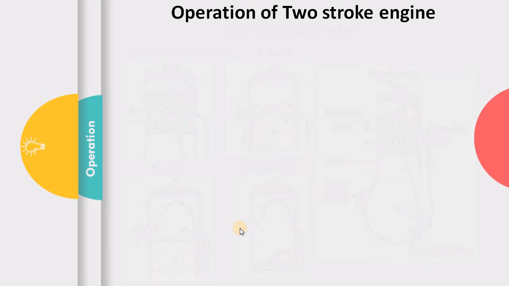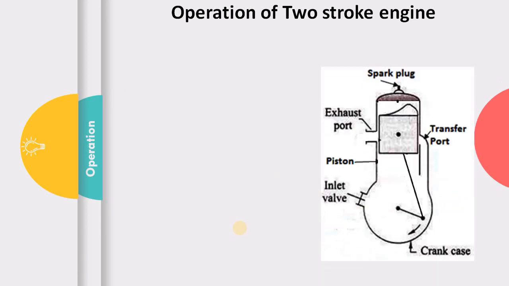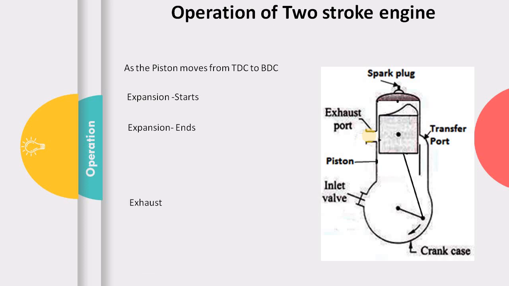So in all, let us summarize what happens when the piston is moving from top dead center to bottom dead center. As the piston moves from top dead center, first the piston starts moving down, so expansion starts, and the effective expansion happens until the piston reaches over here. Once the piston reaches here and the exhaust port is opened, your expansion ends, and then further the exhaust starts.